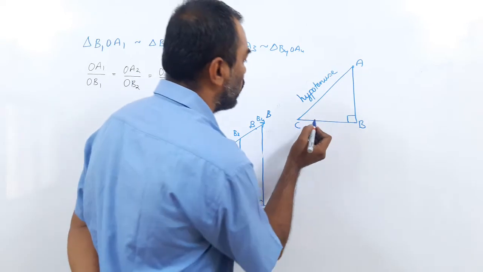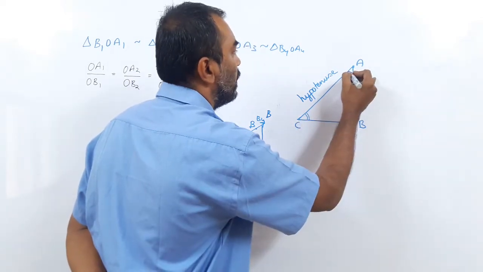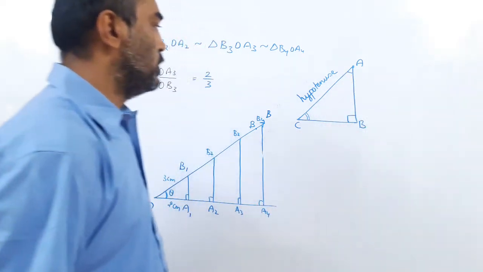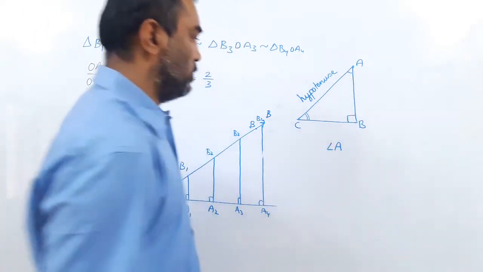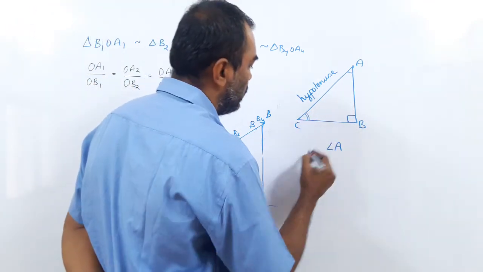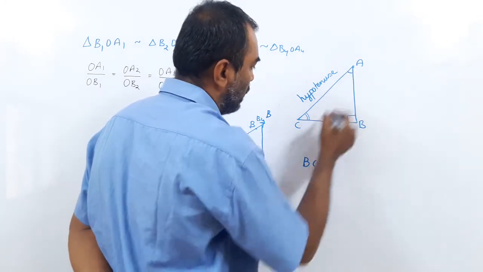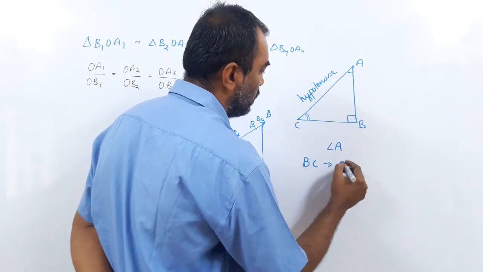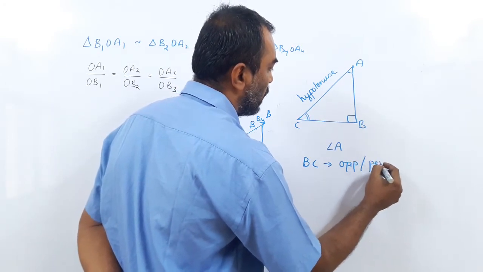Now we have got two acute angles. Angle C is an acute angle and angle A is also an acute angle. So if we consider angle A, then you can see this side BC is opposite to angle A. So we call BC the opposite side or the perpendicular.